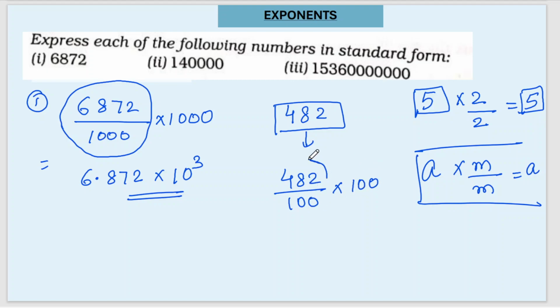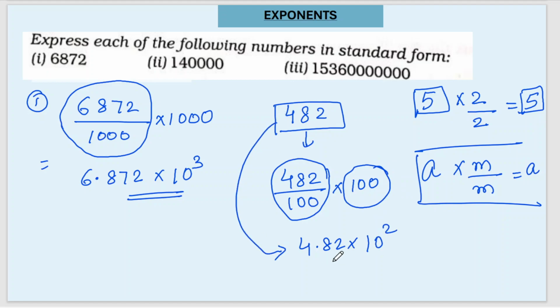Now I can write this as 4.82, and 100 can be written as 10 to the power 2. So this question can be written like this in the standard form. We want only one digit before the decimal. Now let me do the next question.